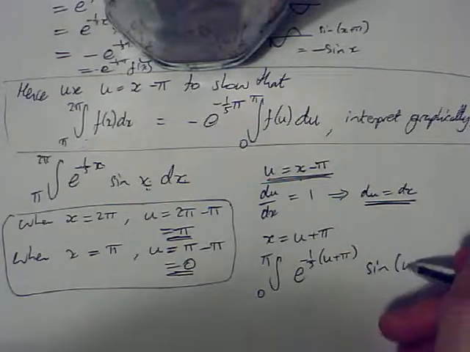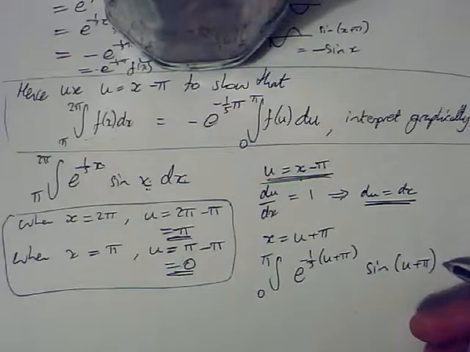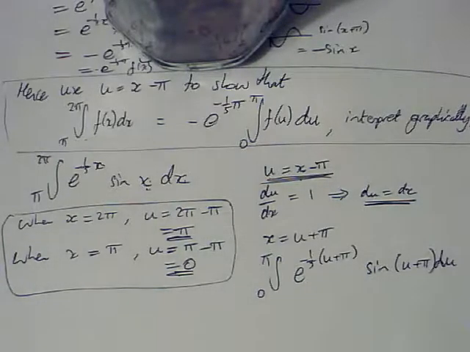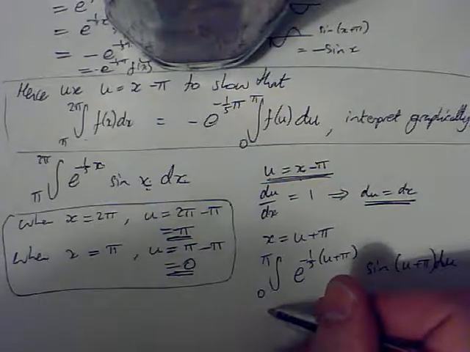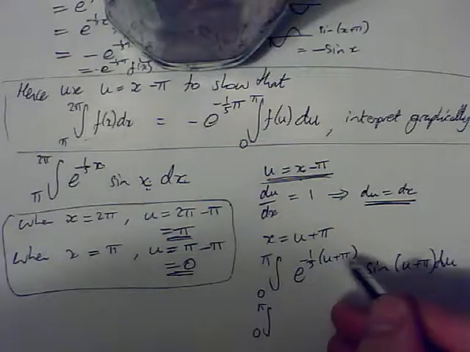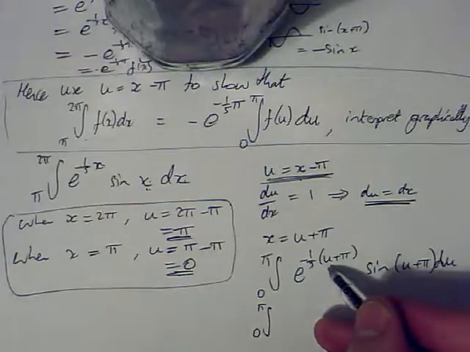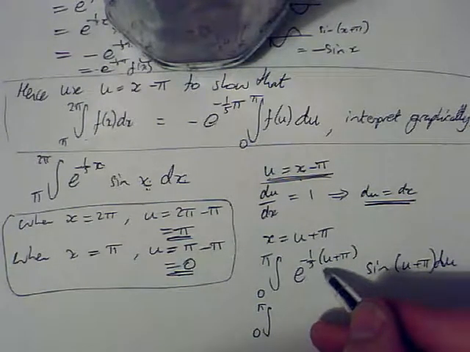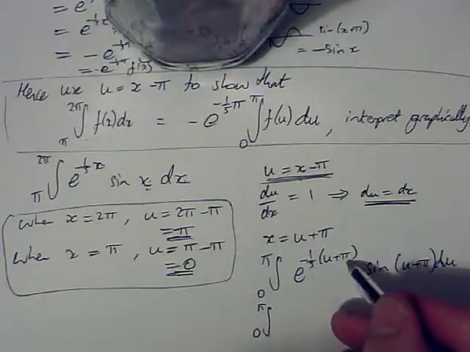There's been lots of plus pi going on. So we're now going to pop that in and we're going to change the limits. So if we stick that in there we get this, and then if we replace that x we get this. So there we go, I've replaced all the x's with u plus pi.